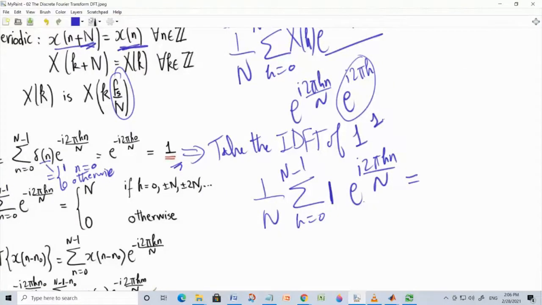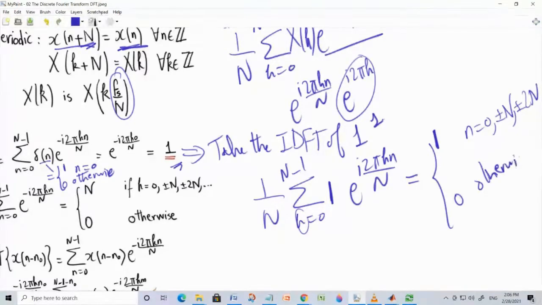This is the summation we talked about in the first part of the lecture. It's very famous. You sum over k, you get something that depends on n. This is 1 if n is equal to 0, plus or minus big N, plus or minus 2 big N, and so on, 0 otherwise. It must be periodic, right?